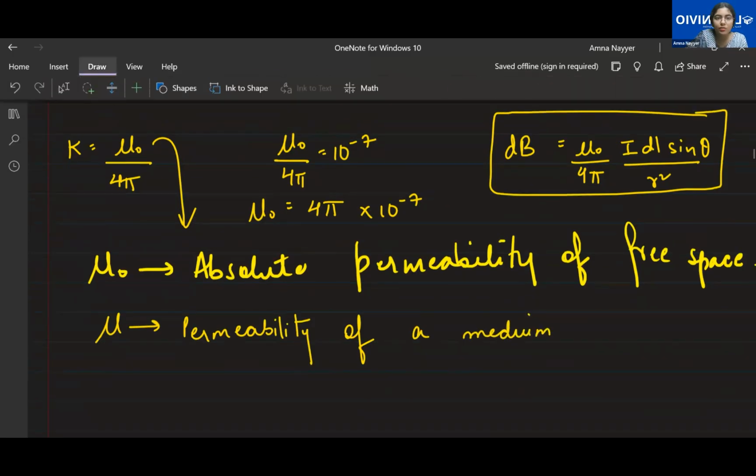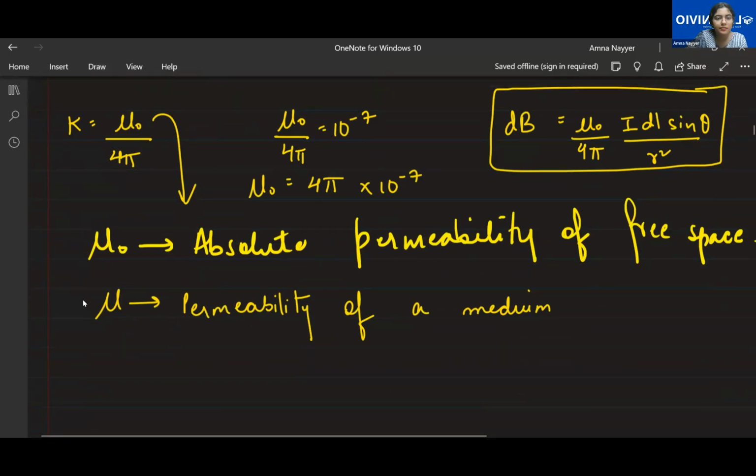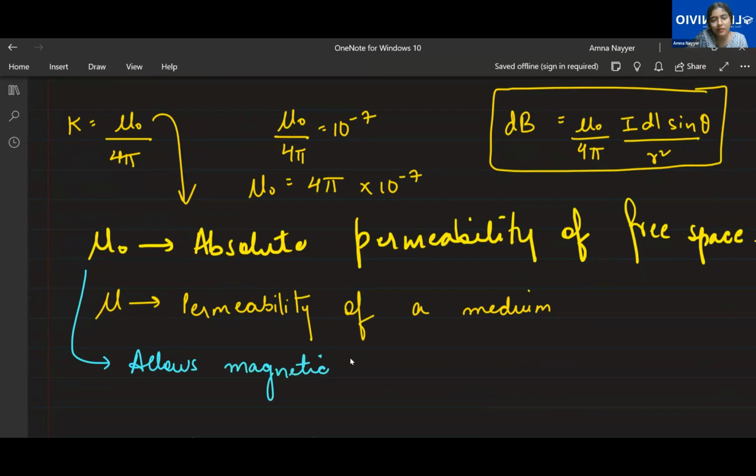So this allows the magnetic field to change with the medium.